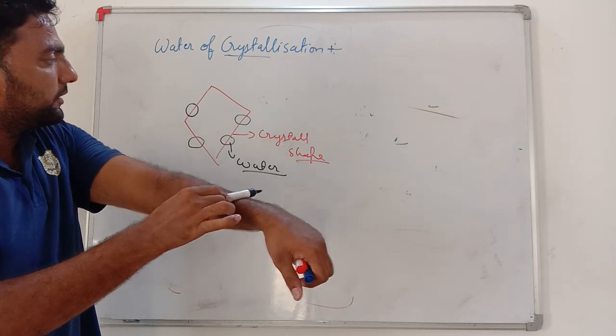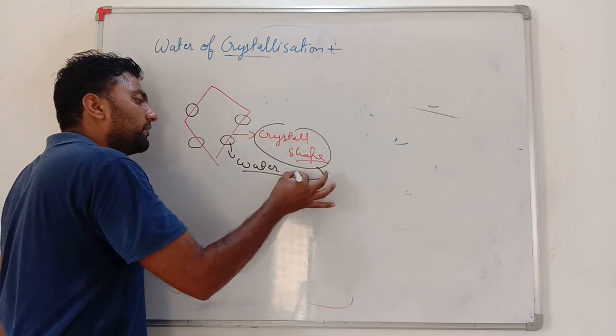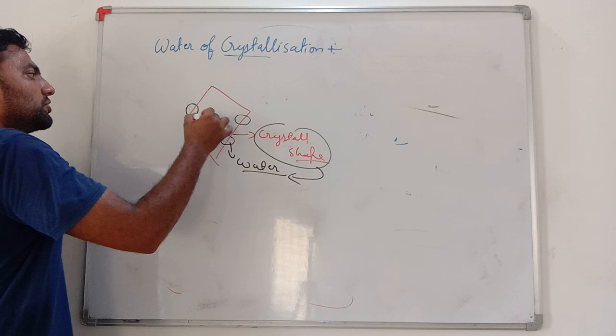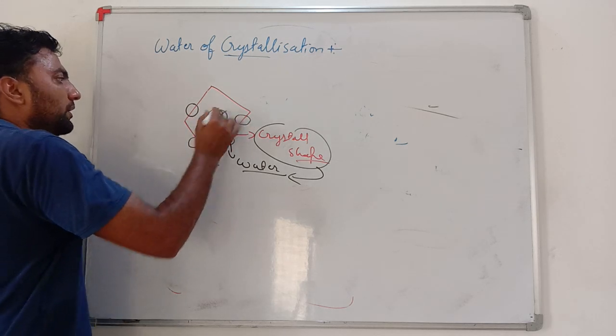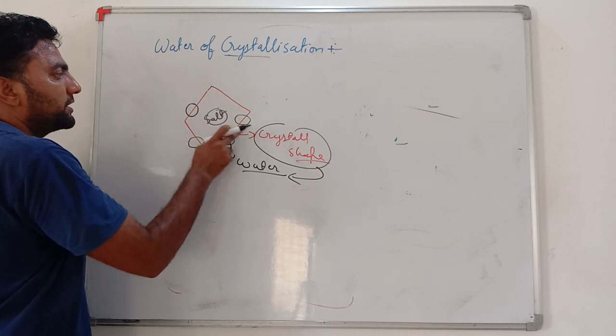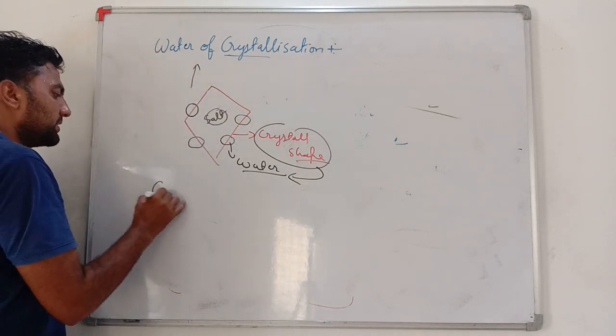They are part of the crystal shape, and they do not evaporate. So salts have water molecules as a part of their crystal structure. That water is known as water of crystallization.